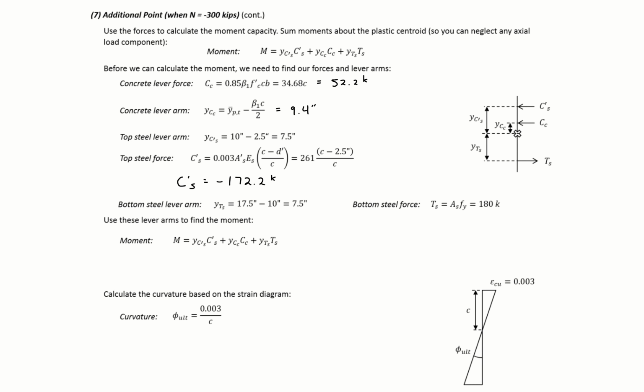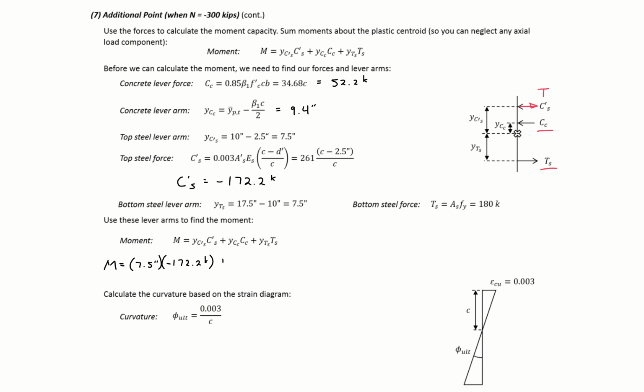So plugging all these values in for our moment, we'll find our moment to be 7.5 inches times negative 172.2 kips. So our compression steel component is going in the opposite direction now because we're in tension. So it's going in the opposite direction of our tension steel and our concrete compression forces. So that's why we have a negative sign there.